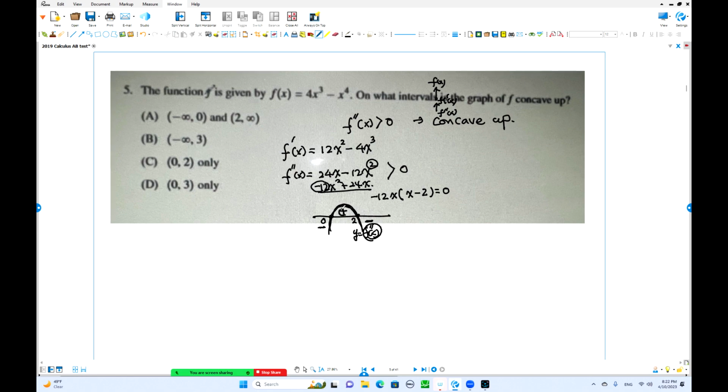Where the second derivative is positive, the original graph f of x is concave up, on this interval 0 to 2, right?